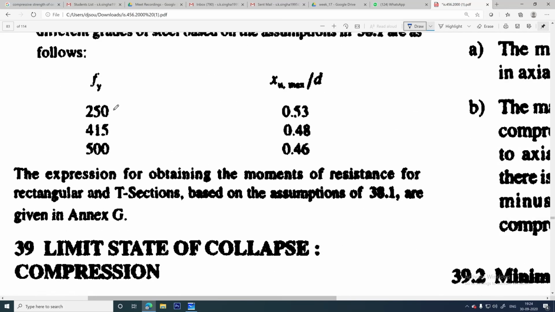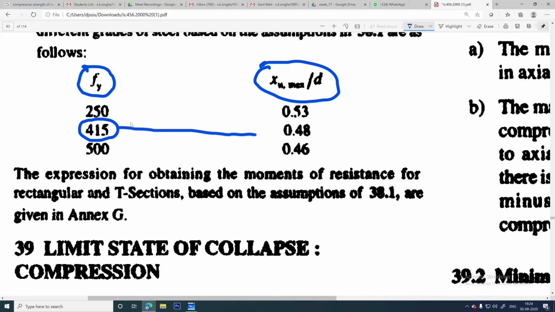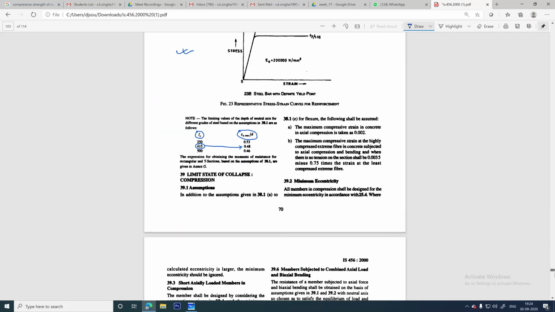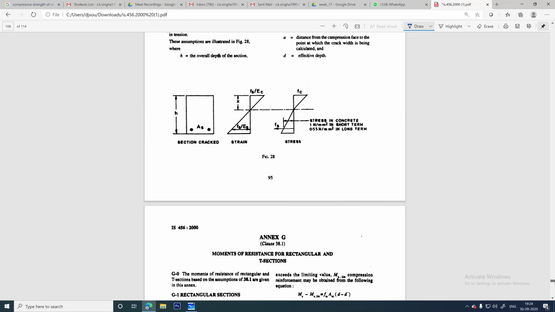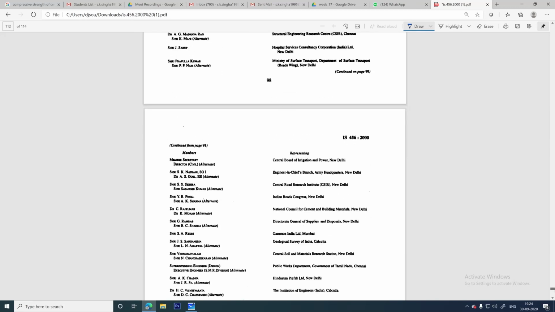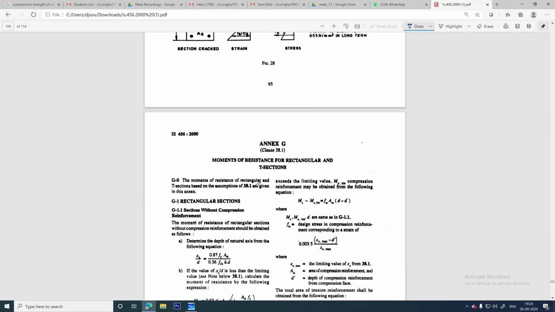Yes, you can see this is the value, Fe415, and for this Fe415 you can see this is fy and this is xu max by d. Now with respect to this value fy, we have the xu max by d 0.48. So you just need to put this value in the equation. Where is the equation? Yes, this one.